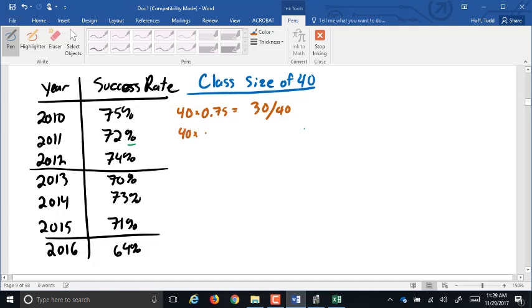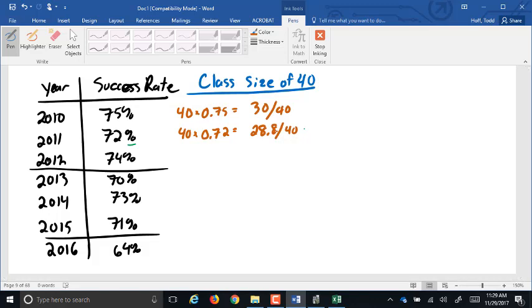Now, how about for 72%? Well, 40 times 0.72 would be 28.8.